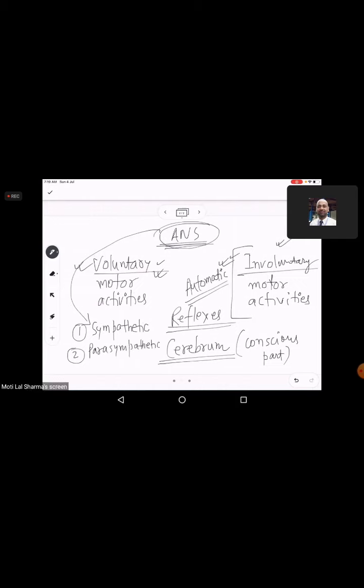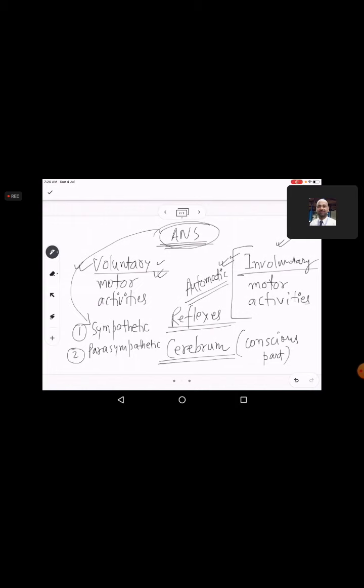So, the autonomic nervous system: all your automatic or involuntary motor activities, including reflexes, are controlled by this system, and it has two divisions, one sympathetic and the next parasympathetic.